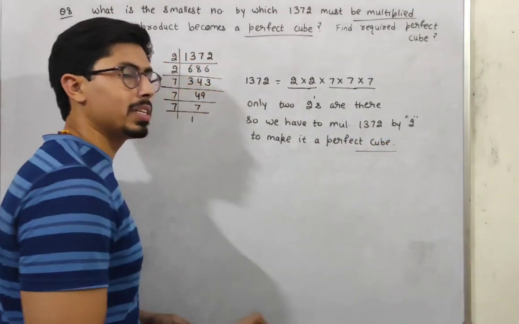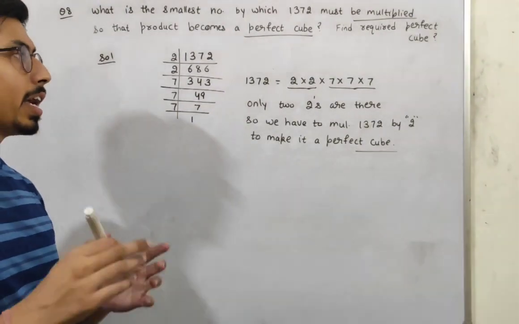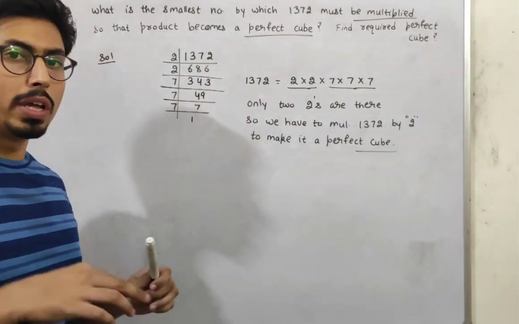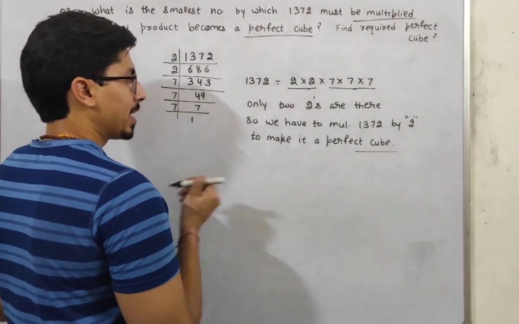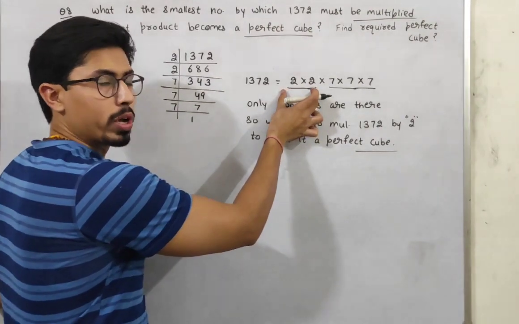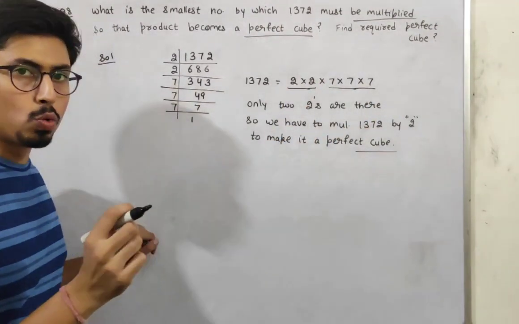So the required answer is 2, and if I multiply it by 2, then we get a group of 2s and a group of 7s.